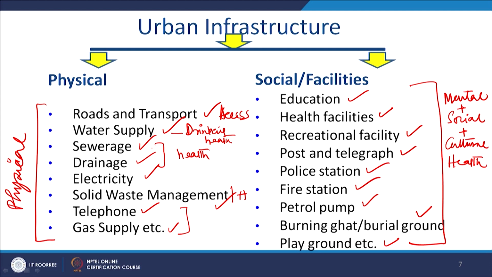But we are just classifying for the convenience of study and planning. Please take note that even in physical infrastructure there could be some cultural component. For example, roads and transportation sometimes become a place for social interaction. So, physical infrastructures are not fully physical, there is some social component as well, and social facilities and social infrastructure also need some amount of capital investment and physical construction altogether.